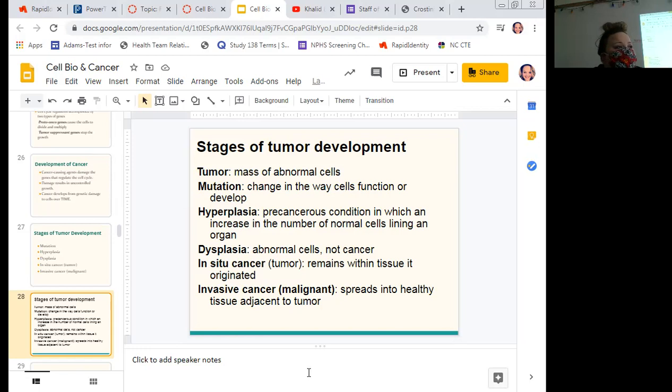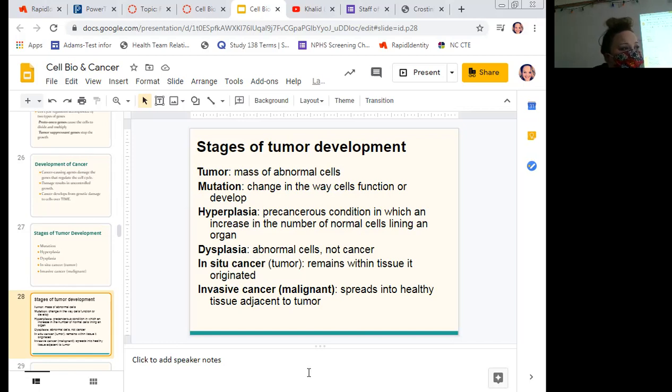What is malignant? It is cancerous, okay? Because in an in situ stage, the tumor has remained where it is, so it's not considered what? Metastatic, okay?